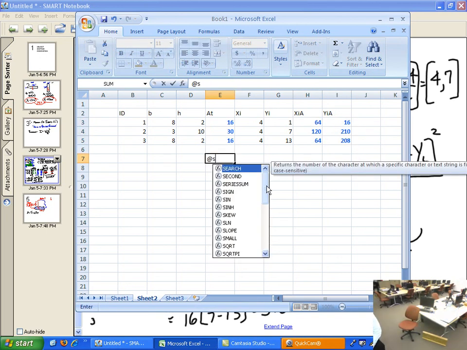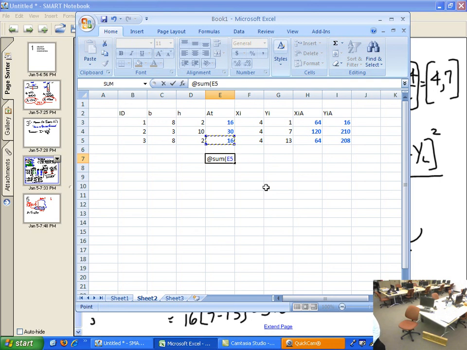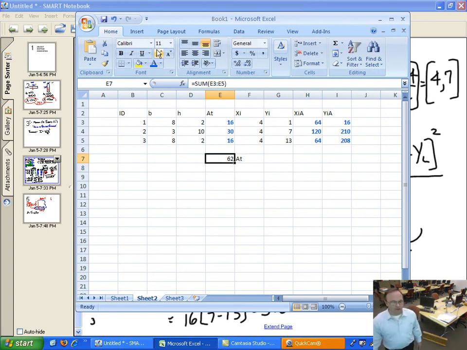We're going to do an @SUM of those values, and this is my area total. Once again, that's the equation. Bold.